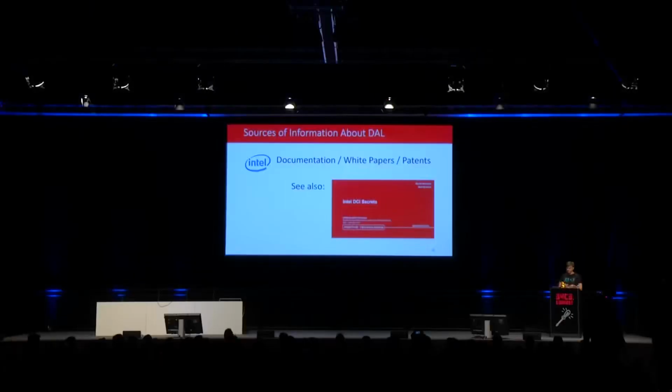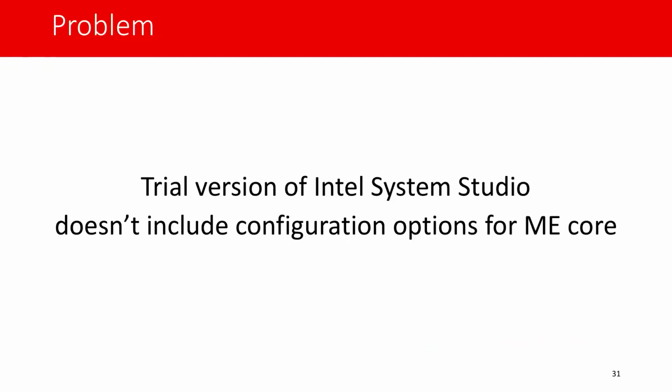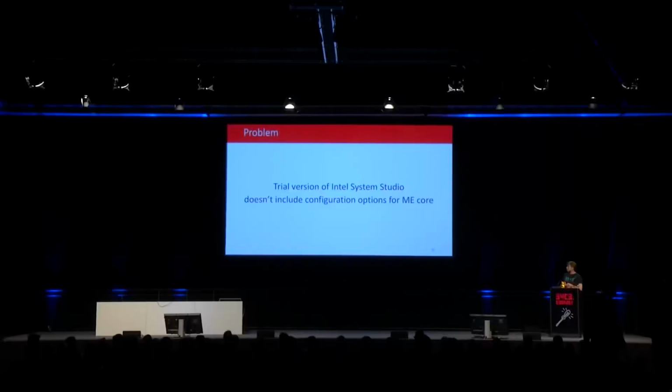We found a patent from Intel with a public description of the correlation of DFX, EXI, and internal interfaces. You can see our previous work for details about how the internal structure of DAL works. DAL's architecture is based on the node notion.